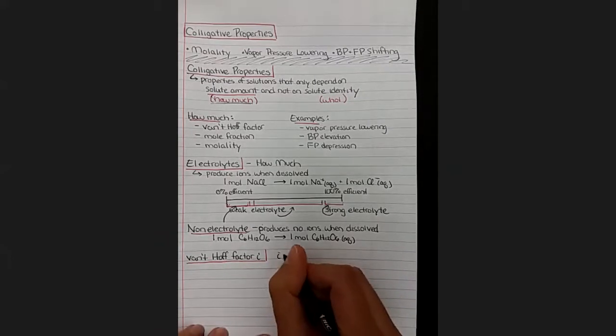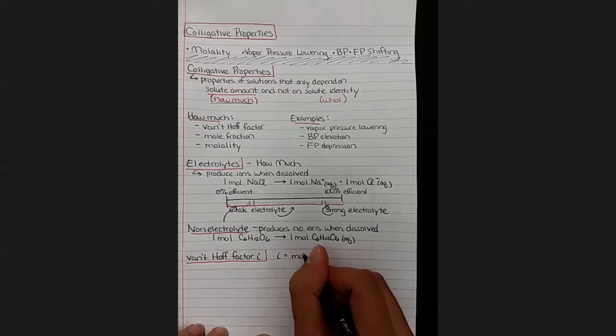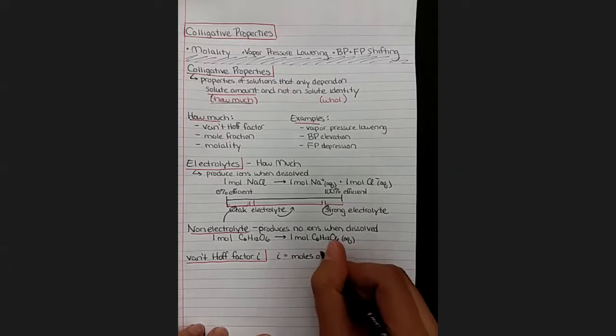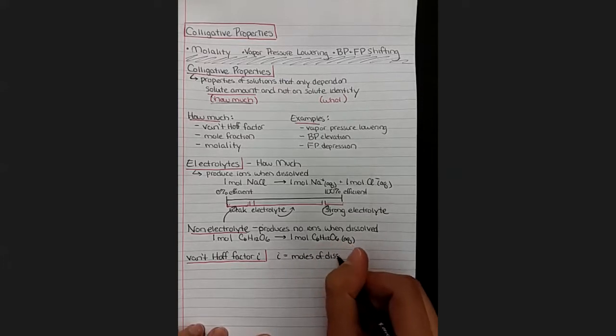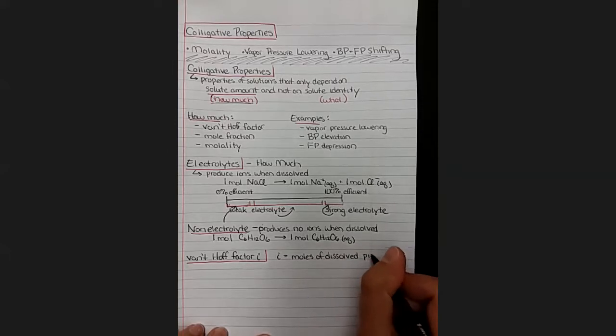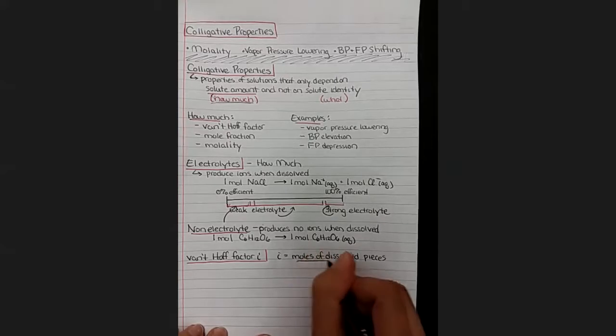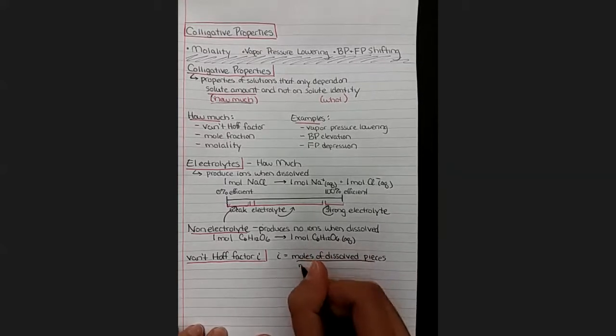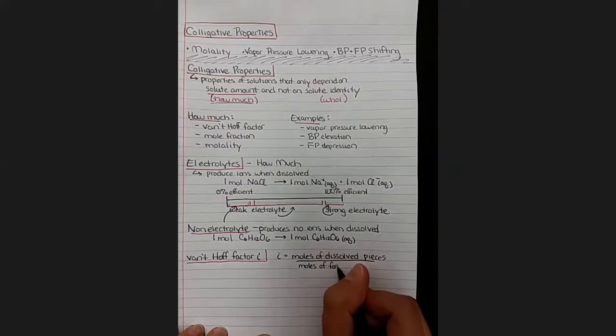And so I is a ratio of the number of moles of dissolved pieces, usually ions, divided by the moles of formula unit.